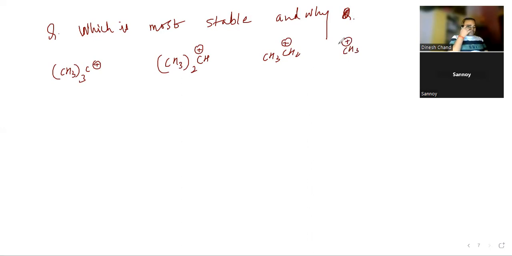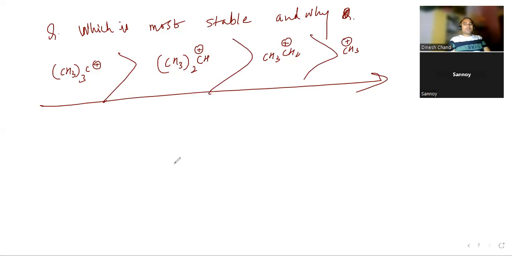Okay, tell the answer. So the first one is the most stable. Why is the first one most stable? Because it has the highest number of carbon atoms, that will mean the largest number, and that will mean we can share that positive charge the most number of times. Very much.